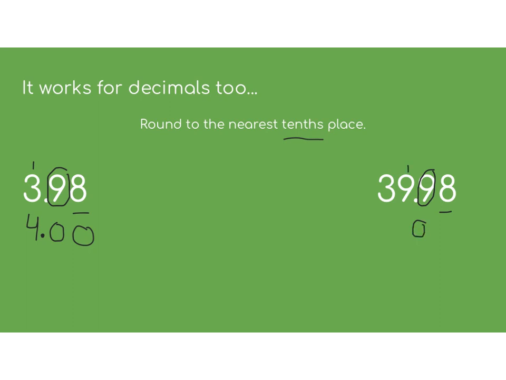I have a 9 again. 9 and 1 more makes 10, so I put the 0 and carry the 1 over. 3 and 1 more is 4. The 8 is underlined. The underlined digit always becomes a 0. So 39 and 98 hundredths would become 40.